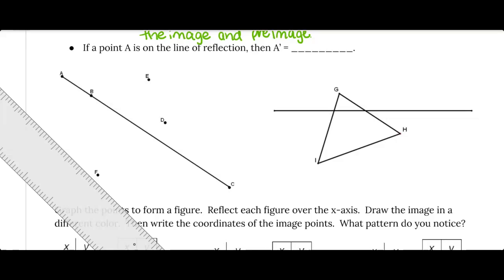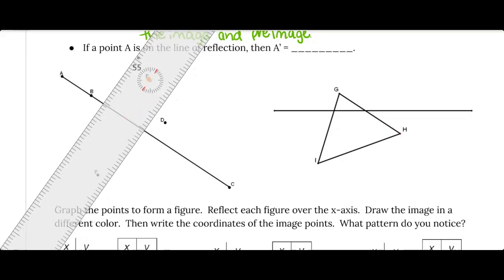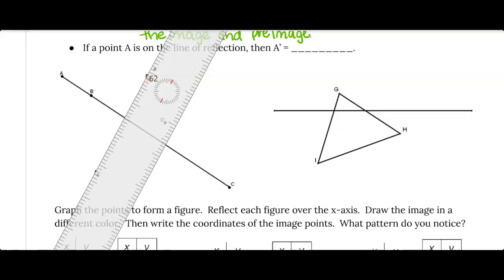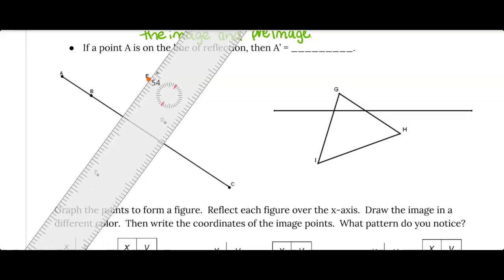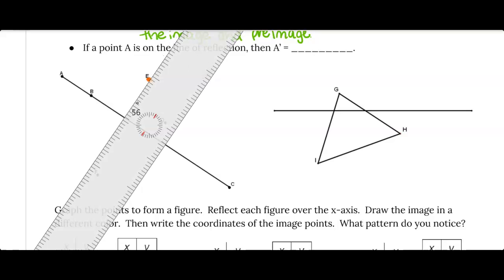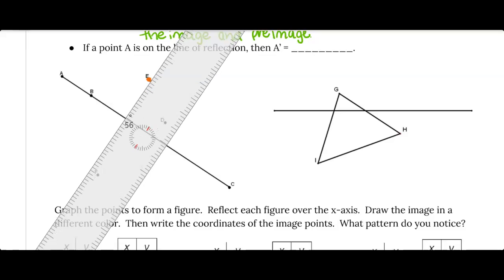If we look at this picture here, if I wanted to find the reflection of point E, I'm going to take my ruler and put it on E right here. My protractor is not working very well, so I'll draw it so it looks like about 90 degrees.